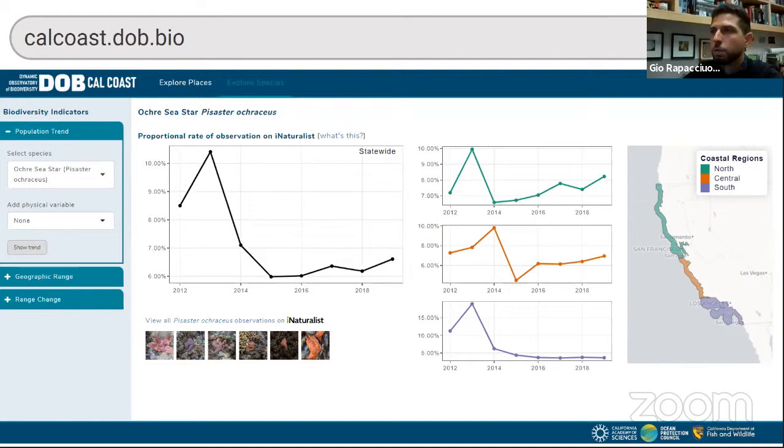If you're interested in a particular species and would like to know, for example, population trends over time or where to find it along the coast.